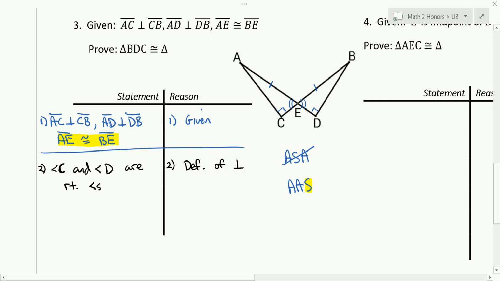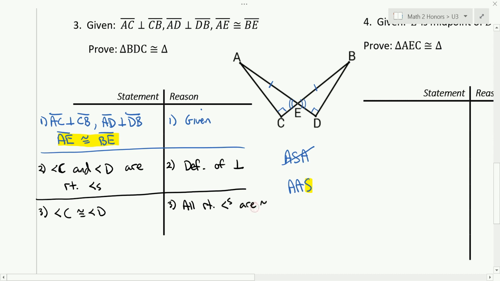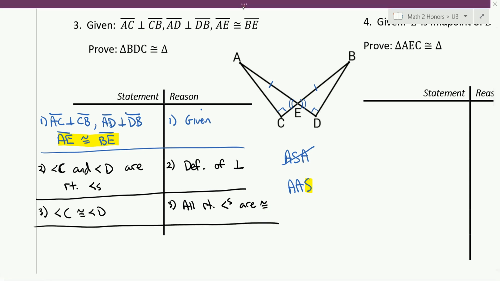That's why they're right angles. Then, once we've established that they're right angles, we can say they're congruent to each other. So angle C must be congruent to angle D because there is a theorem out there that we didn't prove in this course, but in a previous course, that all right angles are congruent. And now we have our congruent statement.